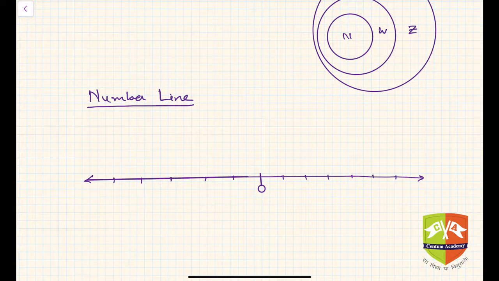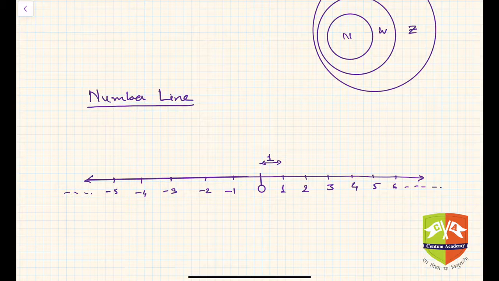I'm doing it with a rough hand; you can take a ruler and draw neatly. This point is represented as 1, so this distance is 1 unit, isn't it? And this is 2, this is 3, likewise 4, 5, 6, and this goes on. Similarly, on this side you'll see -1, -2, -3, -4, -5 and all that.